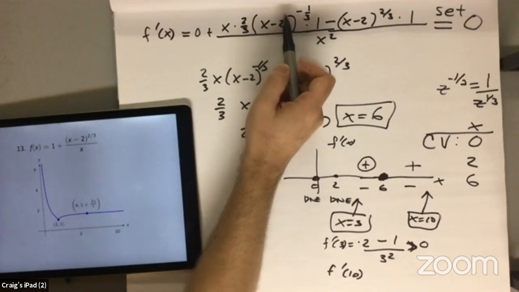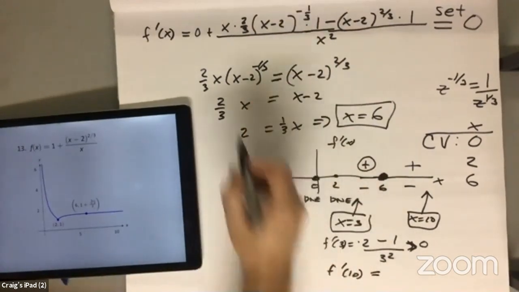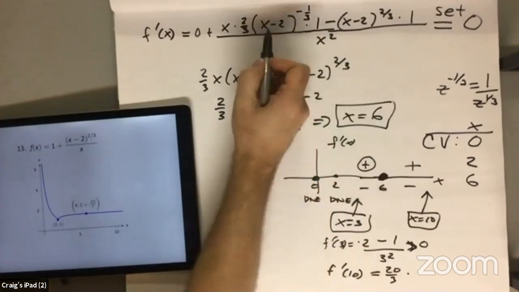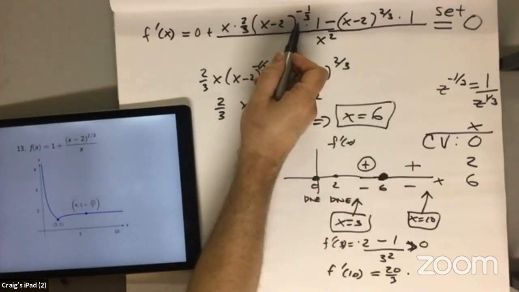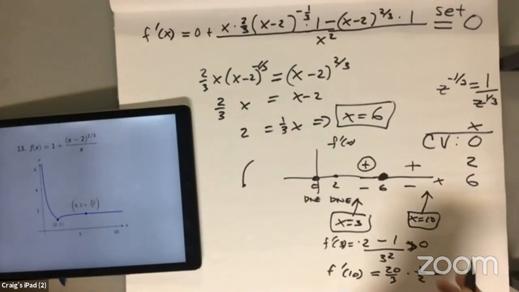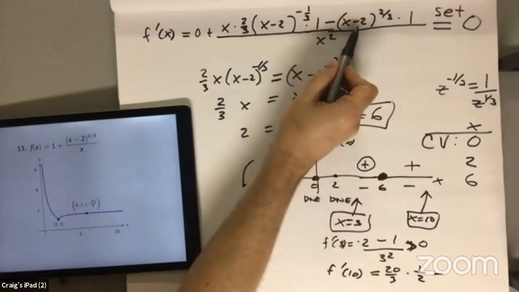So the result is going to be 10 times 2 is 20 over 3, right here, times 8 to the minus 1/3 power, which is 1/2, minus, now if I put in 10 here again, I get 8 to the 2/3 power.